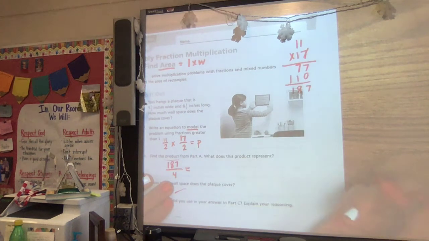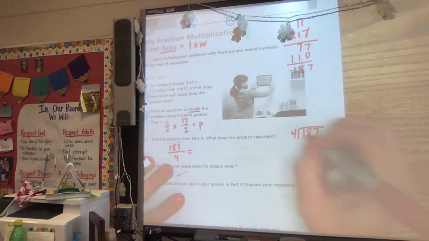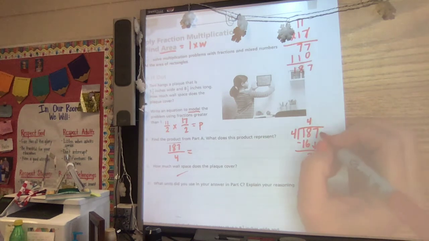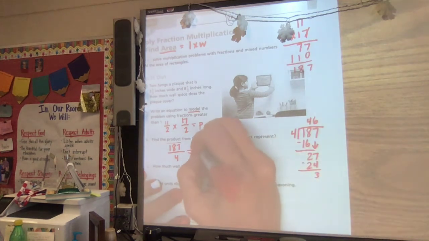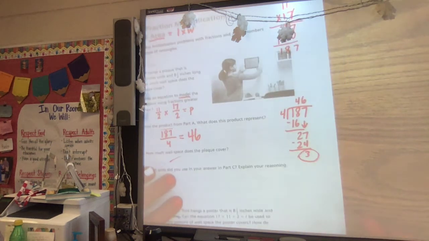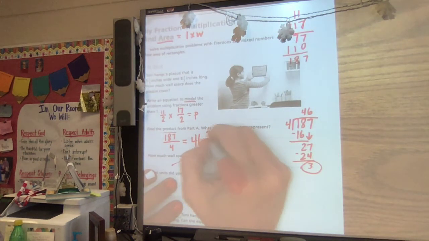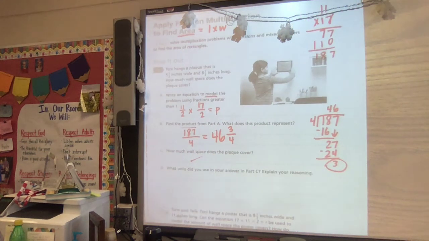I don't know how many times 4 goes into 187, so I'm going to also work that out. 4 goes into 18 4 times because I know that's 16. 4 goes into 27 6 times because that's 24, and I have 3 left over. So 4 went into 187 46 whole times with 3 fourths extra. So you can have your answers represented either way.